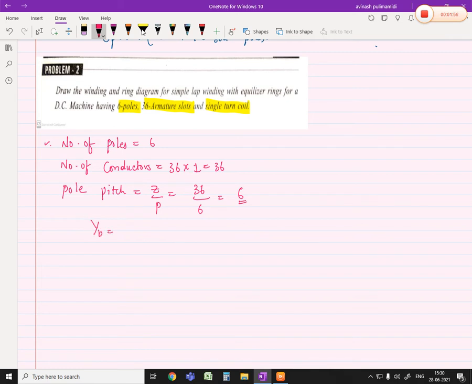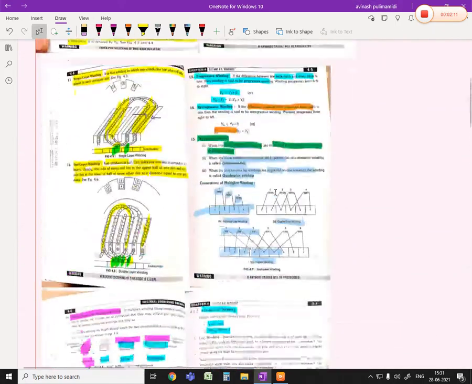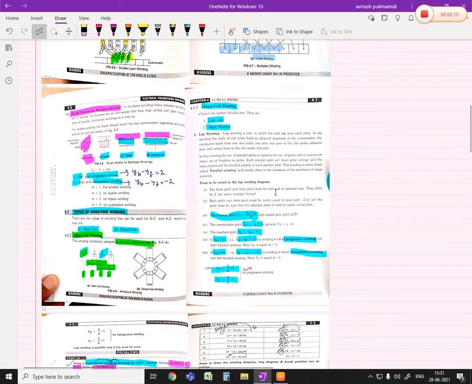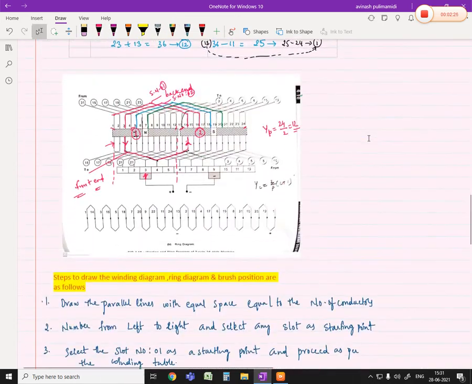Then what is back pitch? If it is an even number, then YB is equal to Z by P plus 1. If you don't remember that, you can see here: Z by P plus or minus 1, progression and retrogression.